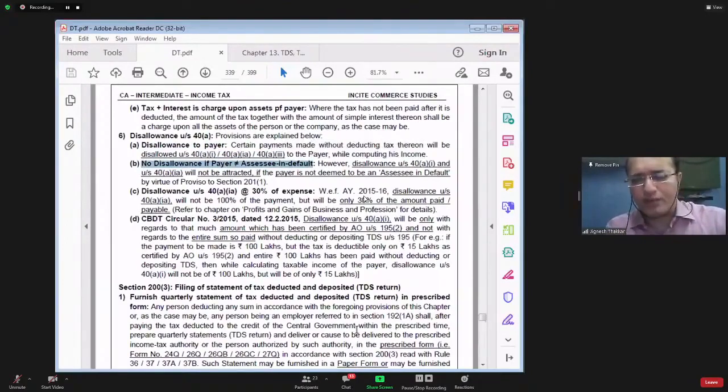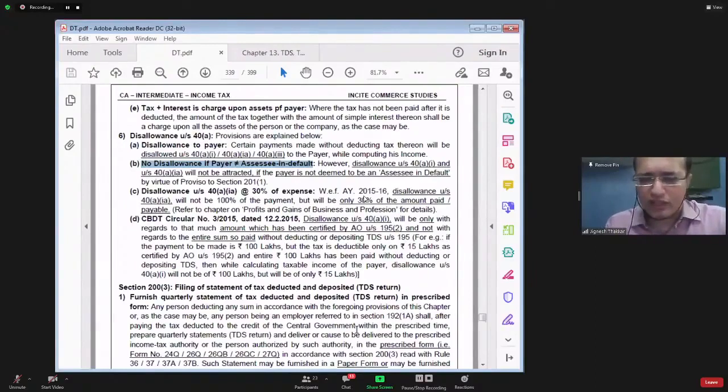When will the payer not be considered as assessee in default? If the payee has taken whatever income the payee had received without deducting TDS into his total income, has filed the income tax return within the due date, and has paid the tax on his total income.